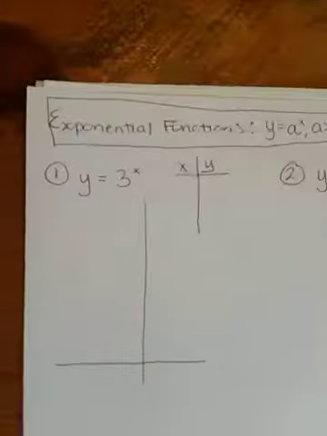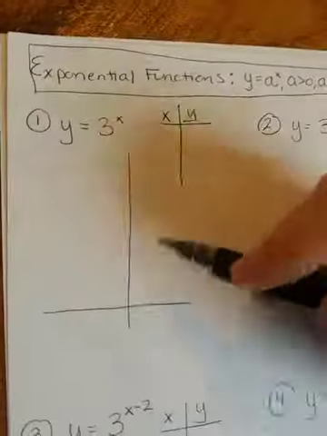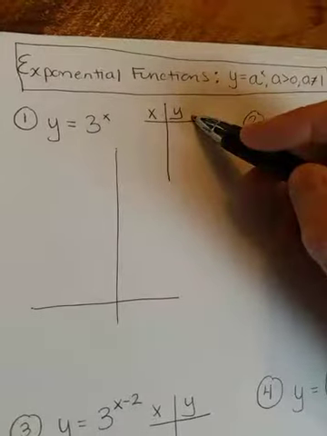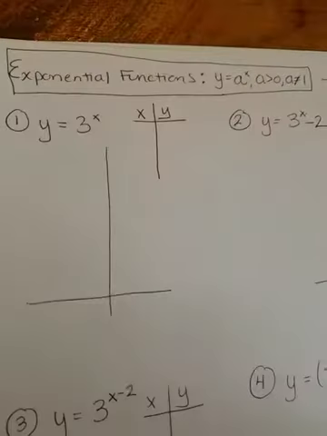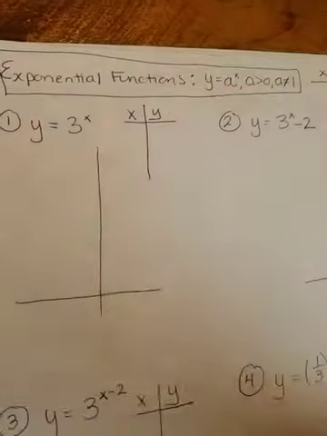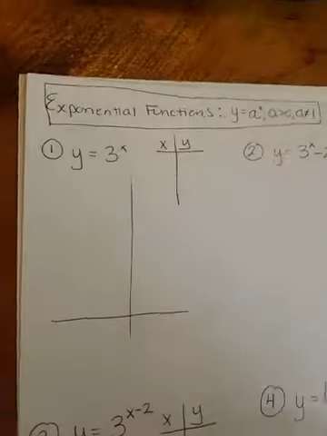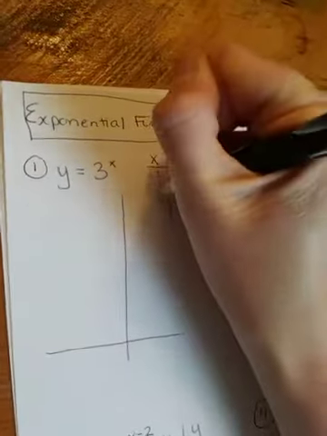A basic one is number 1, y equals 3 to the power of x. I have my graph set up in a table because the table was step number 1. For x, pick some easy values to work with that are positive and negative. So I'm going to pick -2, -1, 0, 1, and 2.